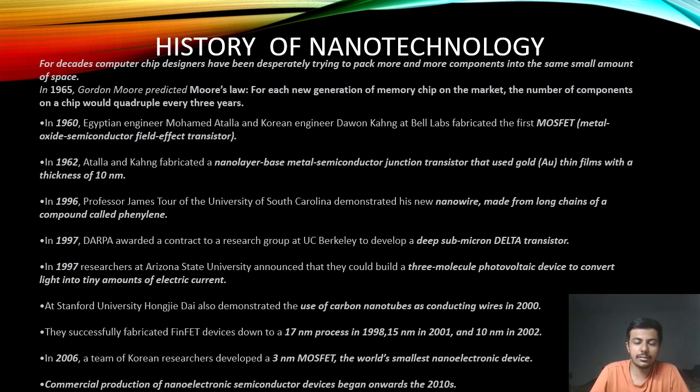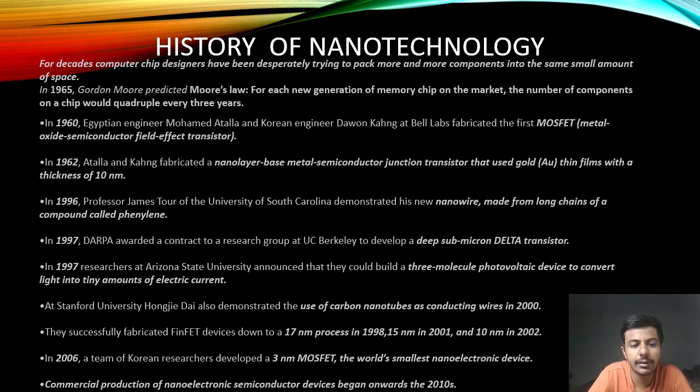Then there is a series of developments. In 1960, two scientists developed the first MOSFET. Then the same scientists in 1962 fabricated a nano-layer based semiconductor junction transistor. In 1996, a professor at North Carolina demonstrated a new nanowire made from a chain of phenylene compound.